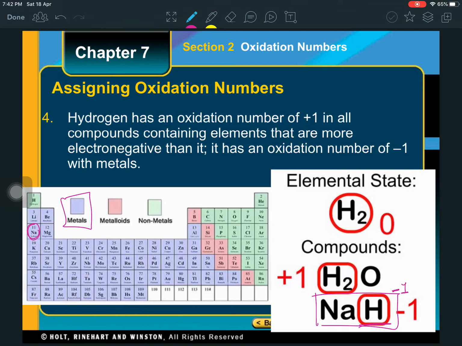So this basically means that electrons are being drawn closer towards the hydrogen, while here, electrons are being drawn closer towards the oxygen. Do you get the basic idea? So, remember, when hydrogens are bound to nonmetals, they take on an oxidation state of +1. When they're bound to metals, any of these right here, they take on an oxidation state of -1.